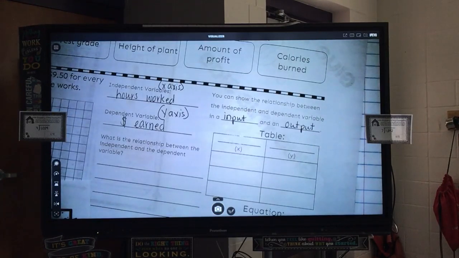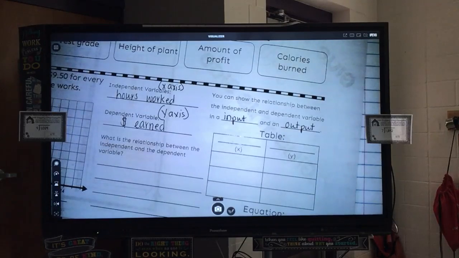Yeah, because it'd be 9.50. What is the relationship between X and 9.50? I mean, it would be like times 2. Or no, the relationship. So it'd be X times 9.50, since X is the amount of hours, for every hour. What would the relationship be for every hour?